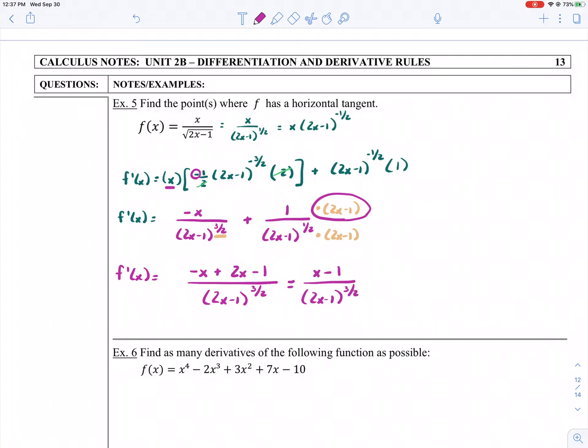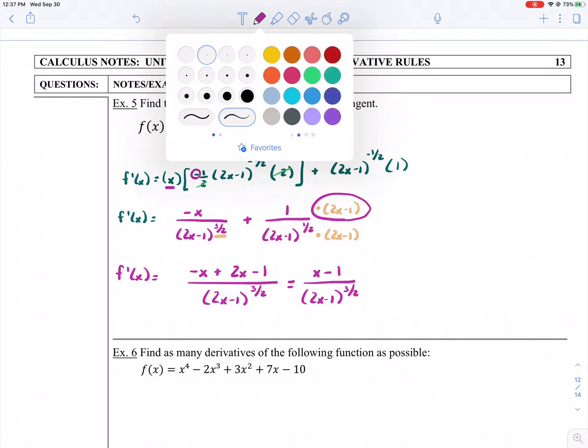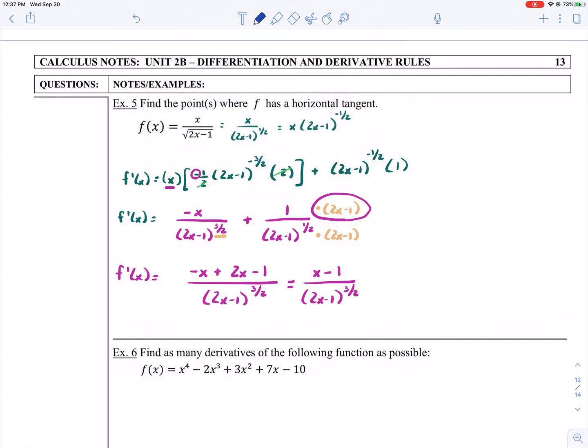Remember, I'm trying to find a horizontal tangent line. So if I'm going to do a horizontal tangent line, I want to know where the derivative is equal to 0. I am only worried about the numerator. If I set the denominator equal to 0, it's going to give me an undefined derivative. So I want to know where x minus 1 is equal to 0, which is, of course, at x equals 1, very simple algebra.